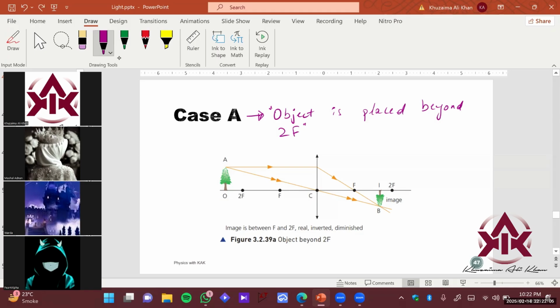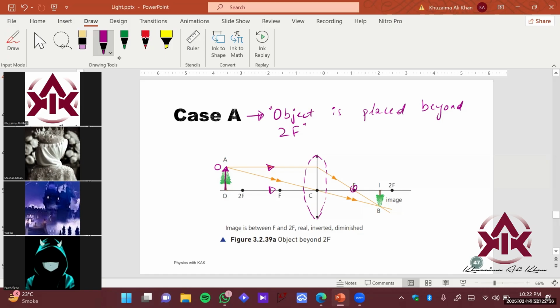We only consider the object like an arrow. This is the object here, O. And this is the converging lens which we have created. We are just using a straight line to map out a converging lens. If you want to draw the exact lens, it would look like this. Again, you have two rays which are utilized here. A ray parallel to the principal axis should cross through the principal focus.